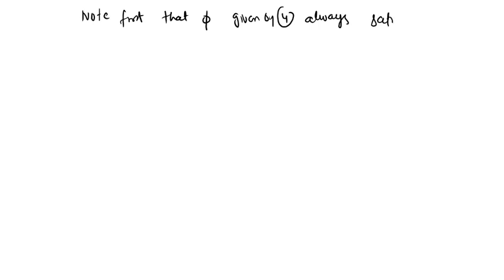So now first note that phi given by equation 4 always satisfies the boundary conditions given in 1 and 2, because each phi_n satisfies them. Okay, we are writing phi as a linear combination of phi_n, and each phi_n satisfies the condition, so phi also satisfies the same boundary conditions.